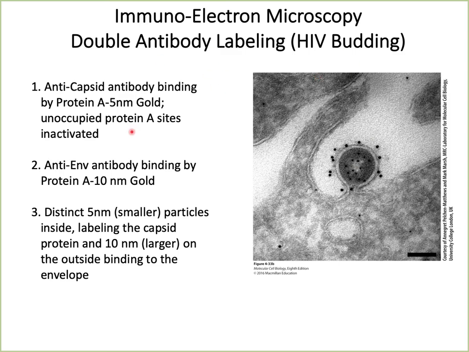So just by varying the gold particle size, you can differentiate between the two different targets. This is a very powerful technique, so that you can do double or triple labeling and, in the same electron micrograph, identify more than one protein and its localization.